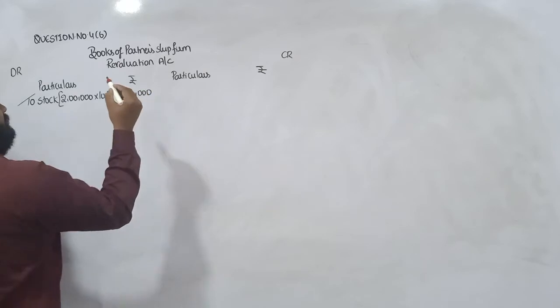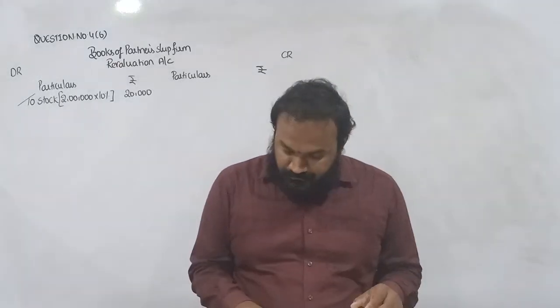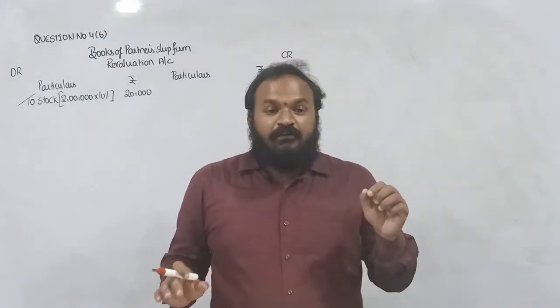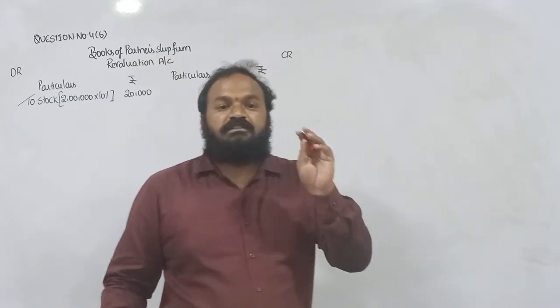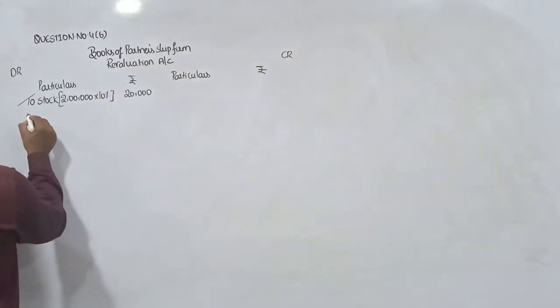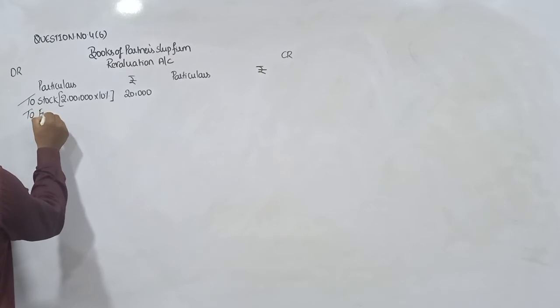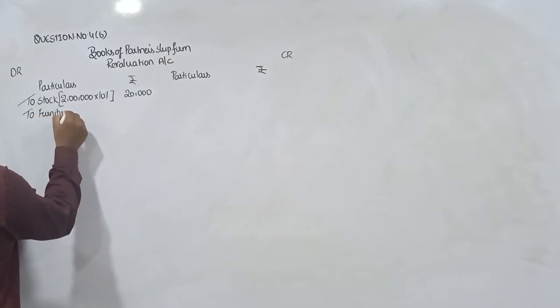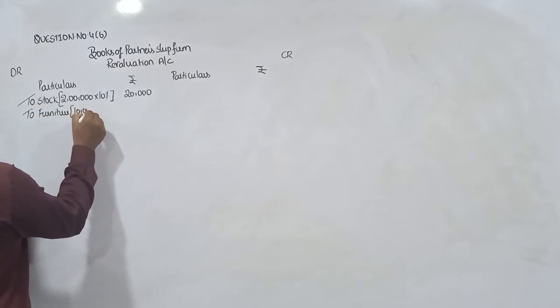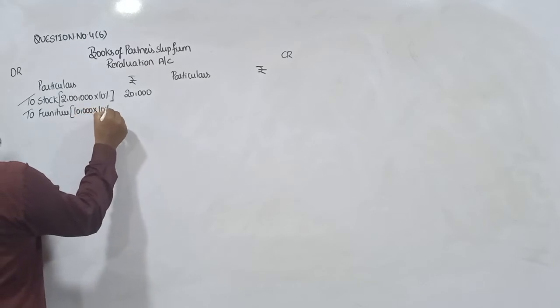Furniture reduced by 10%. What is the book value of the furniture? 10,000. To furniture, 10,000 into 10%.